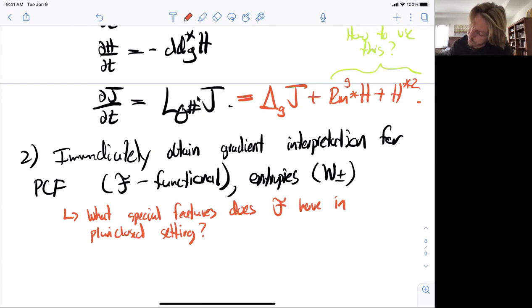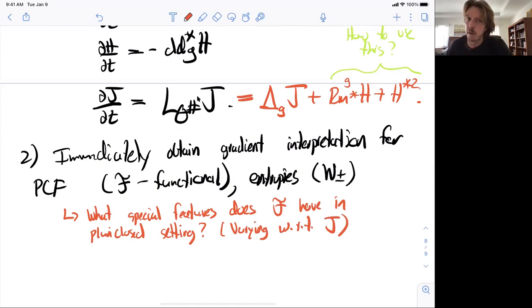For instance, you could implicitly think of it as a functional defined on all possible pluriclosed structures, and you could consider varying with respect to J, for instance.